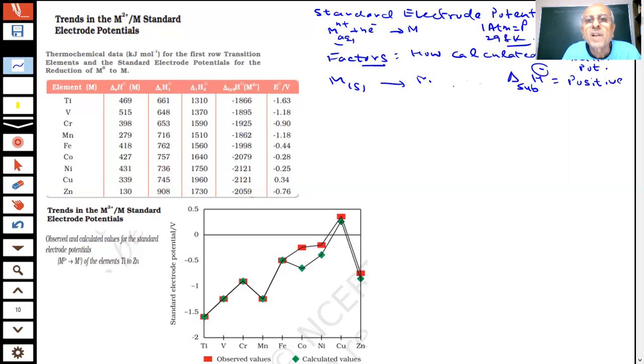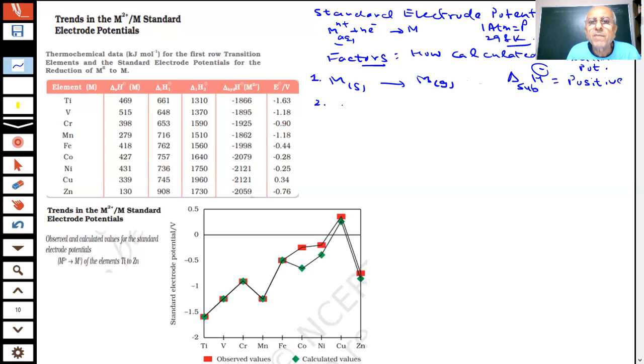Sublimation means solid to gas. These particles are in solid state. If you atomize them or sublime them, you are removing them from the solid and going to the gas state. Delta sublimation is positive. Number one.